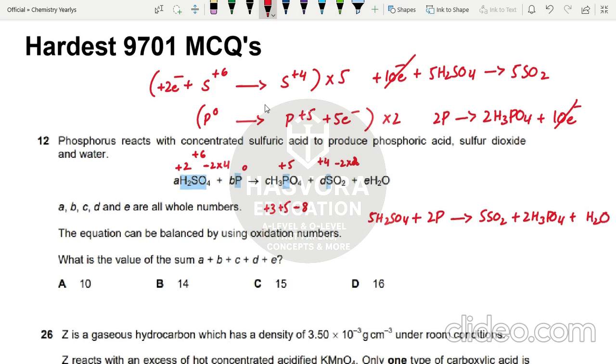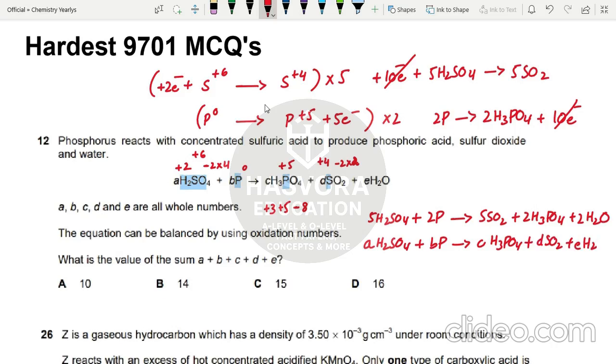There are 10 hydrogen on the reactant side, and on the product side we have 3 into 2 is 6, so we will add 2 H2O here, so 2 into 2 is 4, 4 plus 6 is 10. Now we have the balanced equation, so this will be A H2SO4 plus B P, sorry, not CSO, it will be C H3PO4, plus D SO2 and plus E H2O.